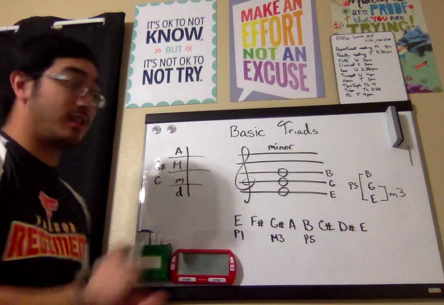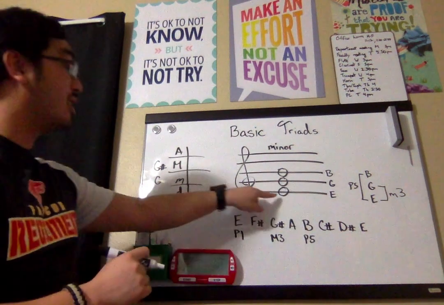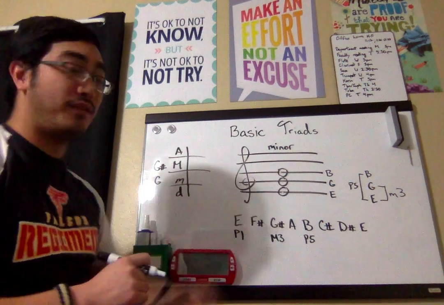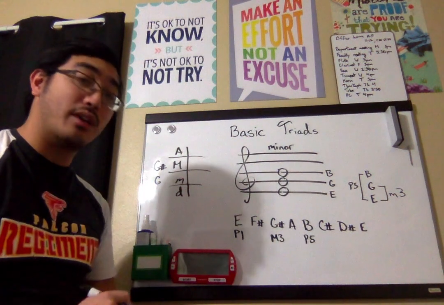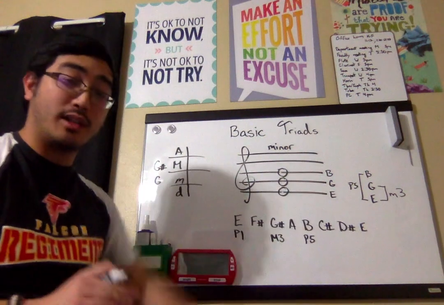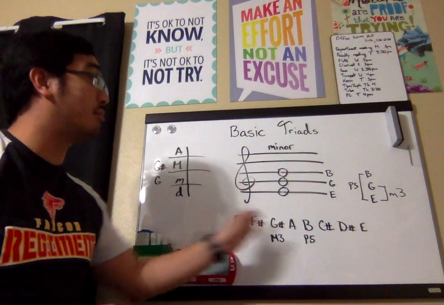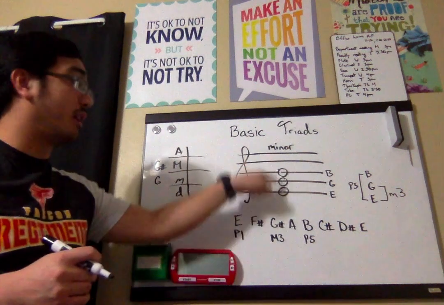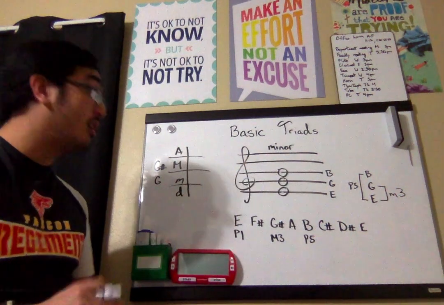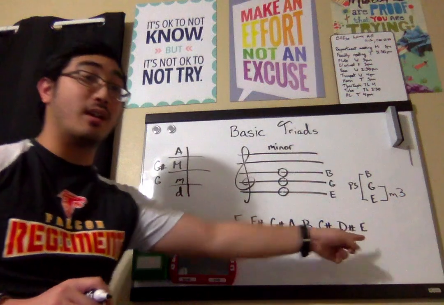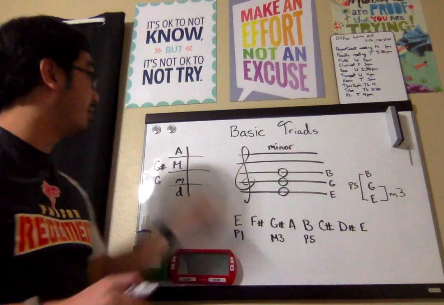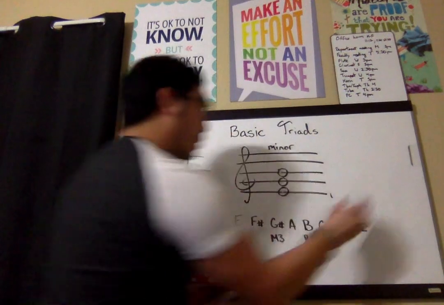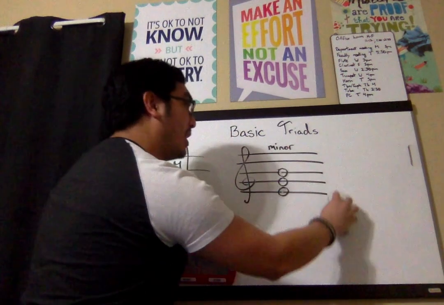The shortcut to this: if you identify the distance from the root to the third and the root to the fifth, you can figure out what quality the triad is, instead of having to build a major scale. If you don't know your intervals, your chromatic intervals, you may need to build your major scale and add this step in and use your 8-pack. So I'll give you another example and give you a couple minutes to work through it.